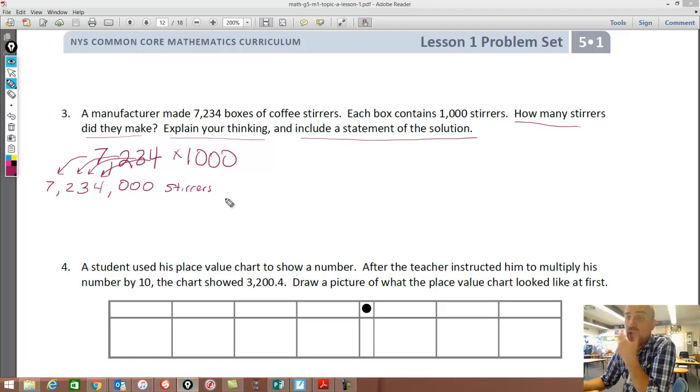And how can I explain this? Well, I'm going to explain that each digit got multiplied by 1,000.